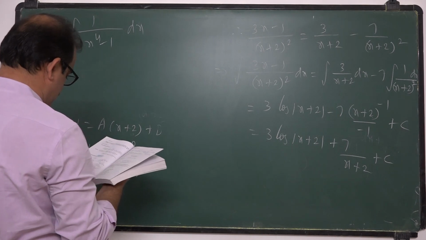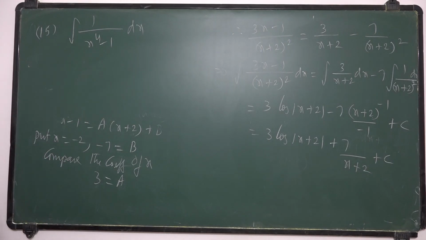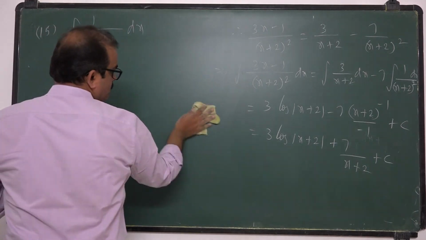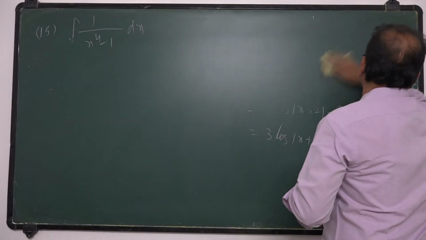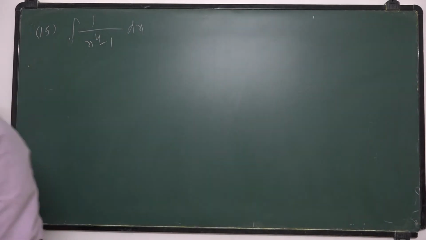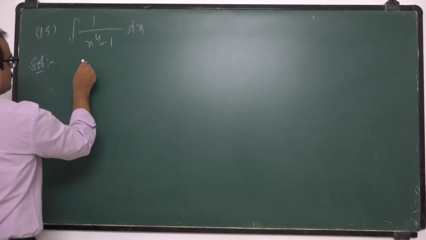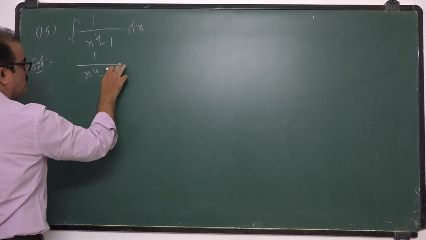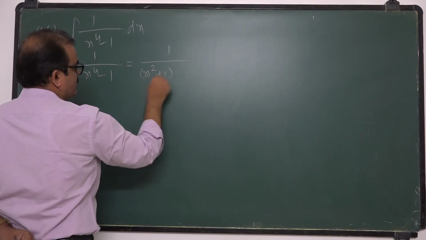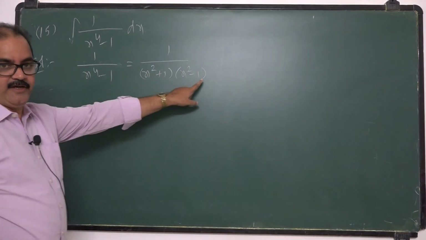Integral 1 by x power 4 minus 1. We write this denominator as 1 by (x square plus 1) into (x square minus 1).